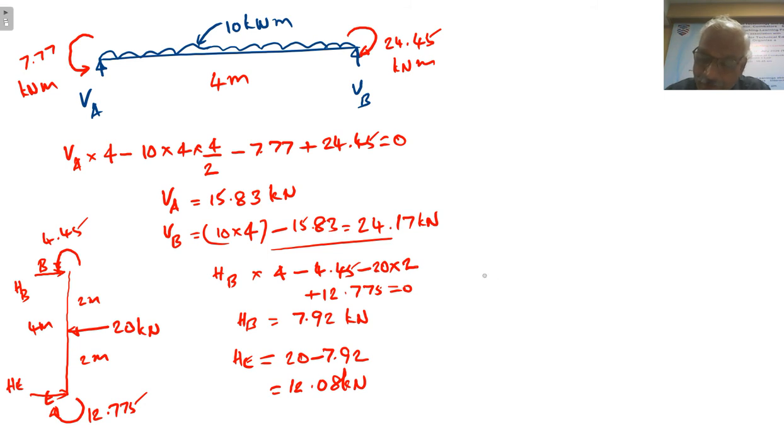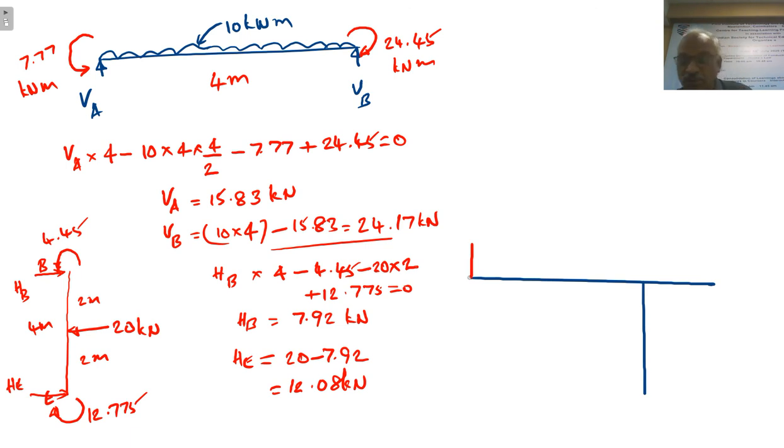So here VA equal to 15.83, and VB is 24.17.